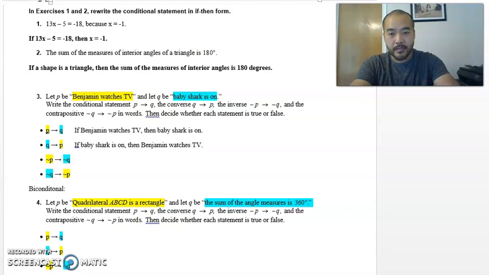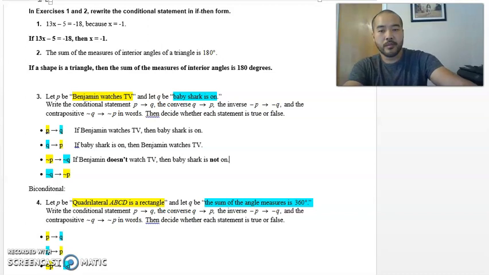Okay, to get to the inverse, you take the original one and then you negate both statements. So if Benjamin doesn't watch TV, then Baby Shark is not on.